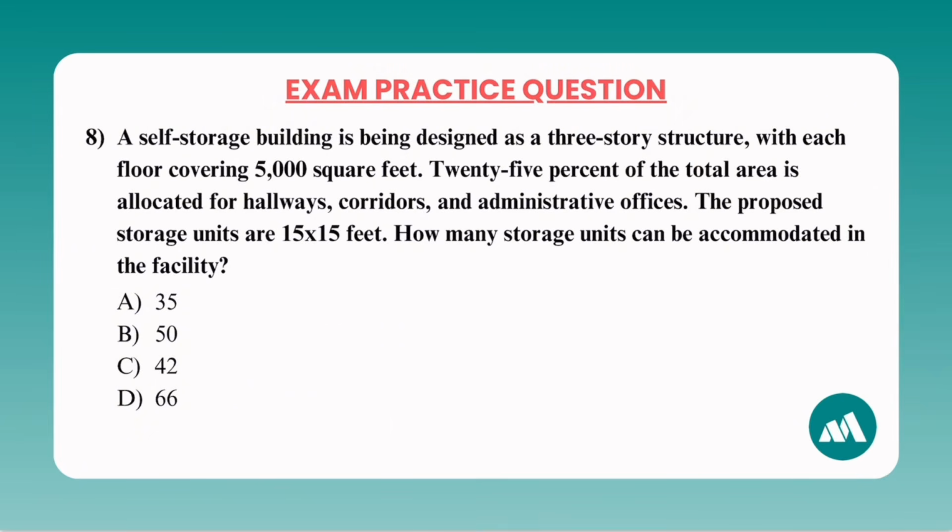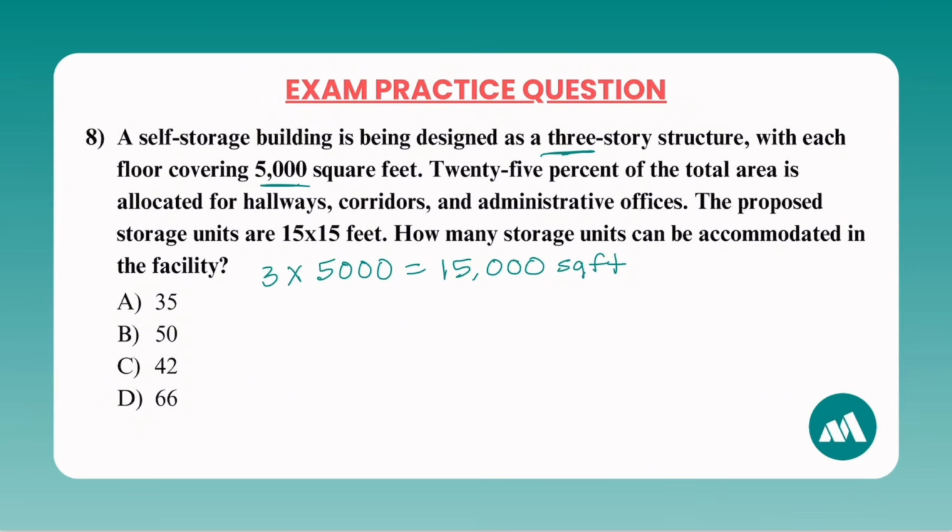For this question, I want to find out what's the total square footage of this building with all 3 stories. So if it's 3 stories, each floor is 5,000 square feet. I just say 3 times 5,000, and that's going to give me 15,000 total square feet.